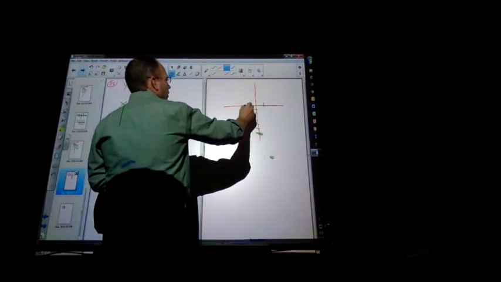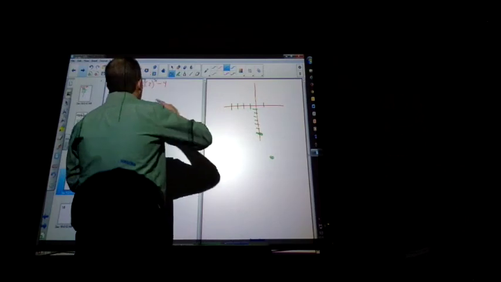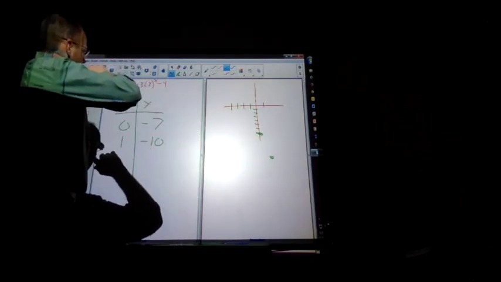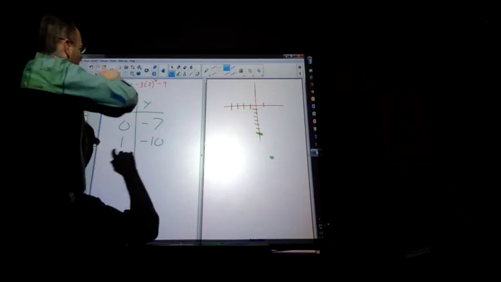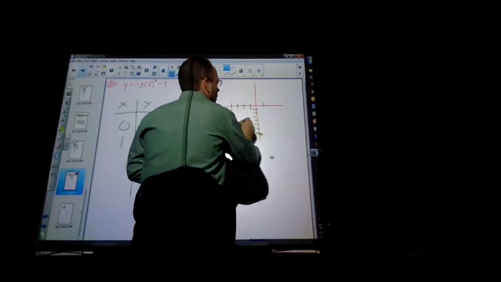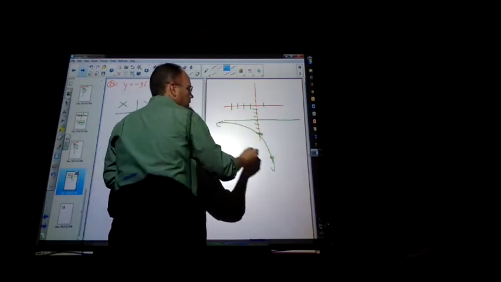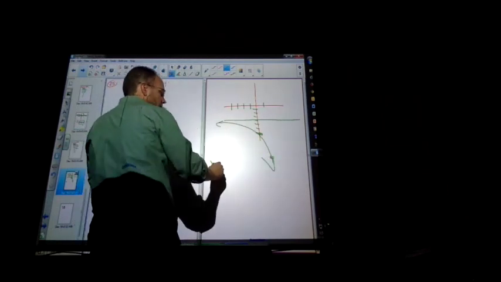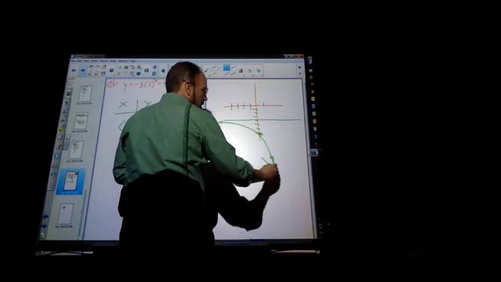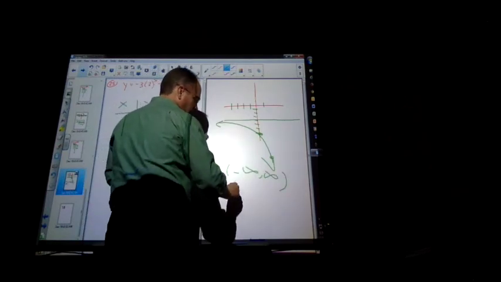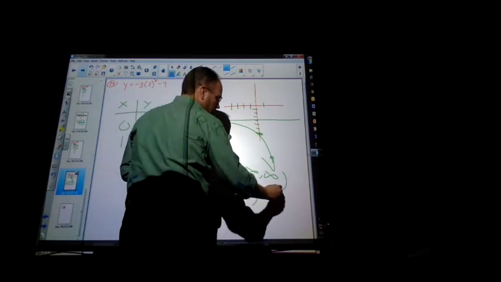So this graph, we got our asymptote here, so this is what this graph's doing. So my domain will be negative to positive infinity. My range will go from negative 4 to negative infinity.